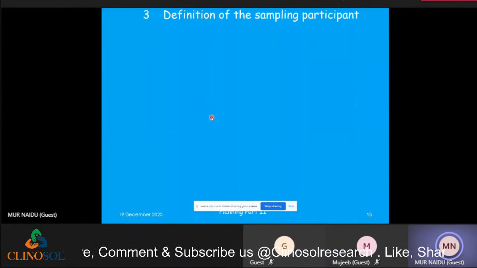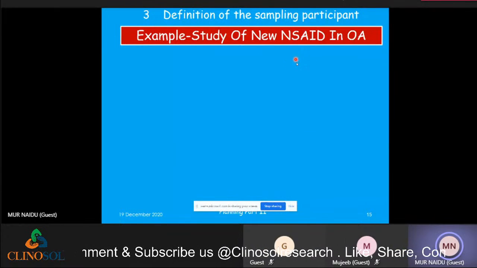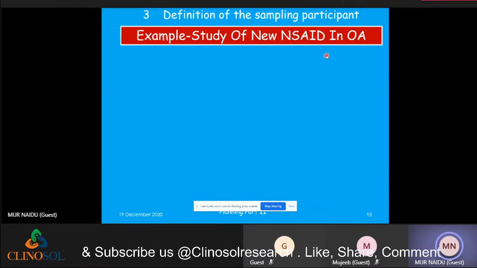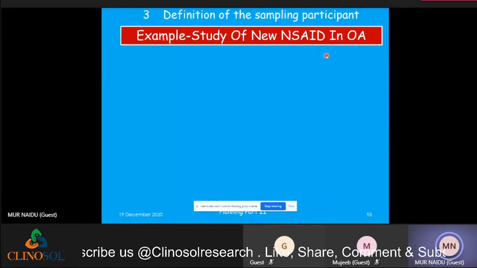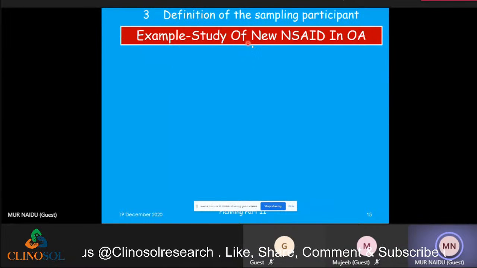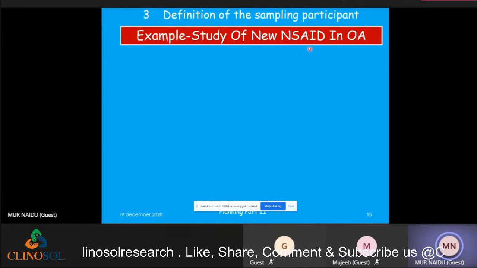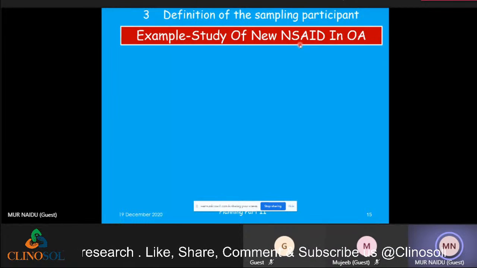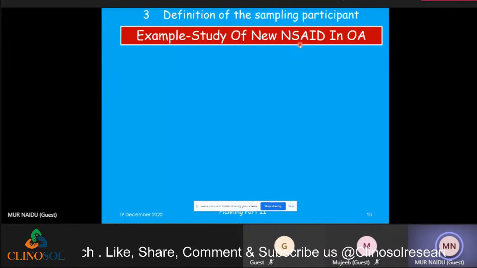Now, the definition of sample participants, how do you go about it? I'm just giving an example where you are planning a study and you want to sample participants into that study. I have taken an example here. I want to do a study where I have developed a very new non-steroidal anti-inflammatory drug, which is very effective and very safe, and better as compared to existing non-steroidal anti-inflammatory COX-1 and COX-2 inhibitors.